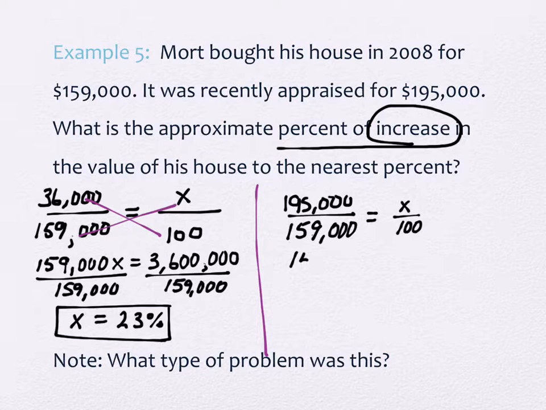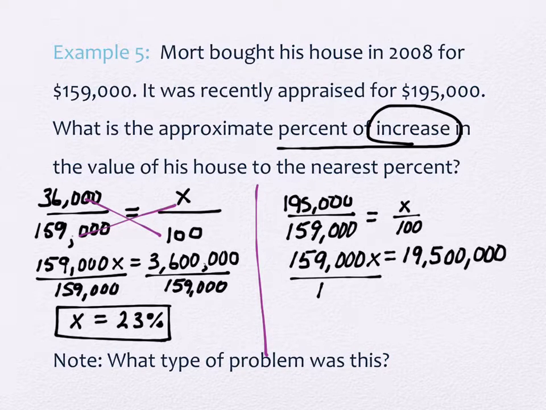And you'd had your 159,000 X, of course. And this would have given you 19,500,000. Tell me what happens when you divide this one.